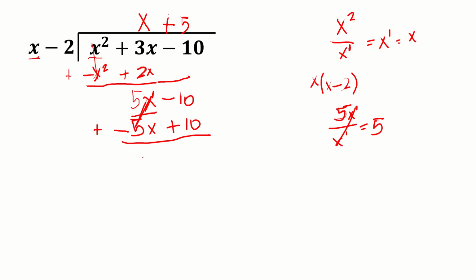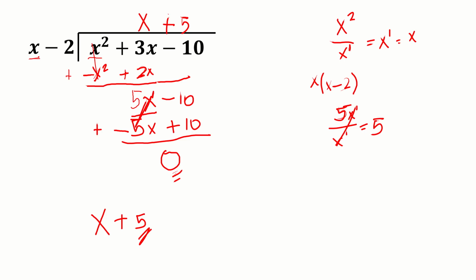So no need to write pa yung 0 sa baba. And then negative 10 plus positive 10, magkaibang sign, parehas na number. So pag pinag-add, that will be 0 din. So since 0 na yung nasa dulo, that means wala tayong remainder. So that means the quotient when we divide x squared plus 3x minus 10 by x minus 2, the final answer will be x plus 5.